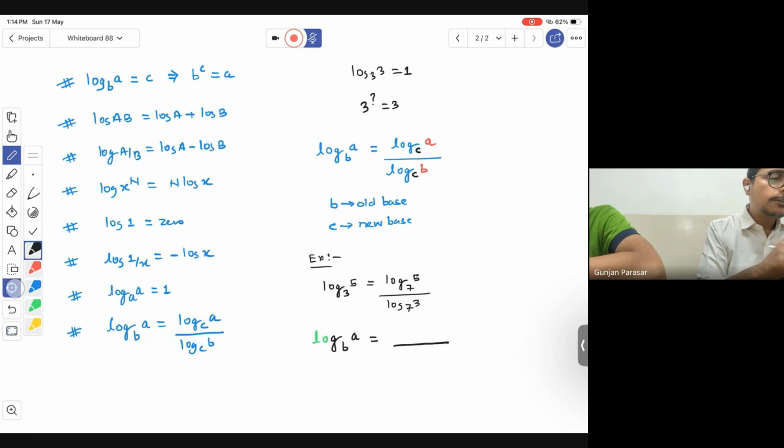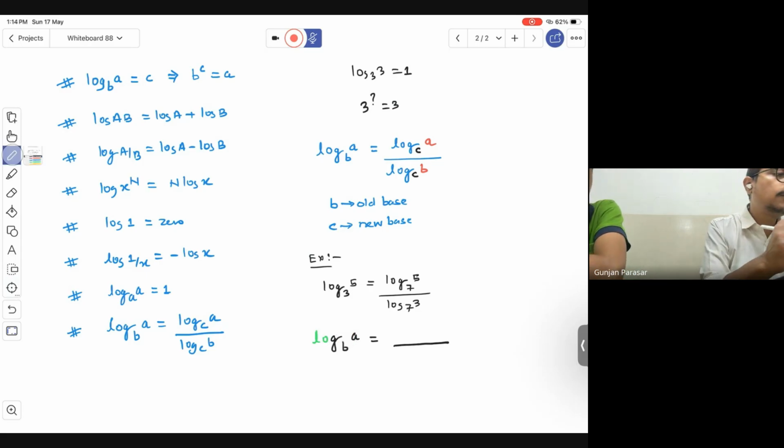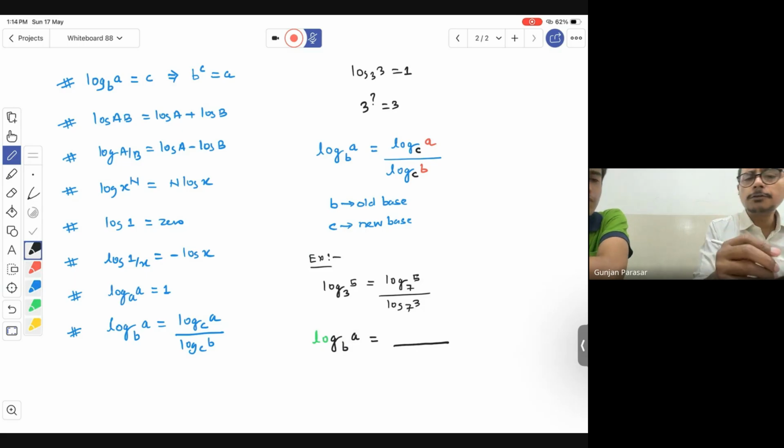So log having base B, right now the base is B, input is A. Suppose I want to have the new base to be A. Maybe I want to, because I can. So suppose I use the new base as log A, I will write who comes on the top, A, so A, no, A comes in the bottom, B. So tell me what is log A, A?